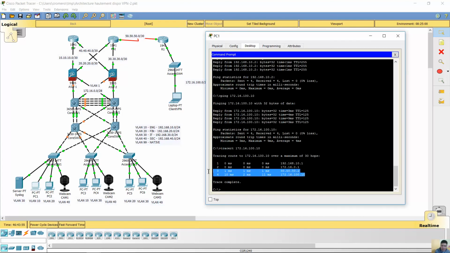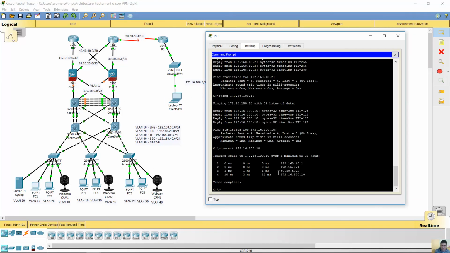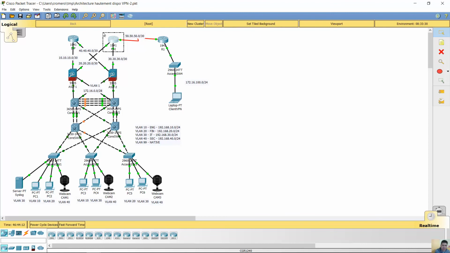And the final hop is the VPN client. But without the VPN we would have 5 hops, including FAI. And obviously the tunnel between ASA and R1 does not consider FAI.